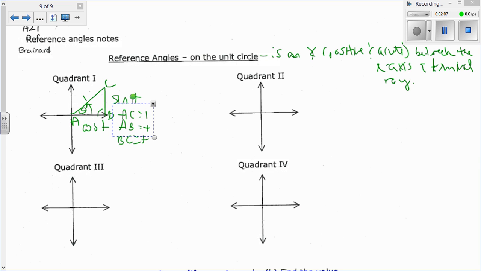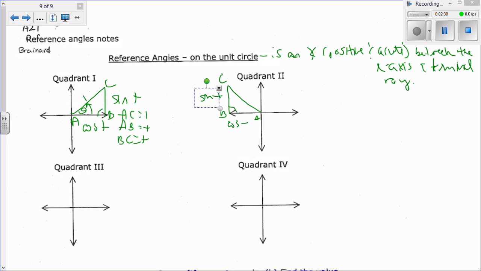In quadrant 2, draw my right angle. This is A, B, and C. Sine is still positive because it's going up and down. Cosine is now negative because x is going in a negative direction.